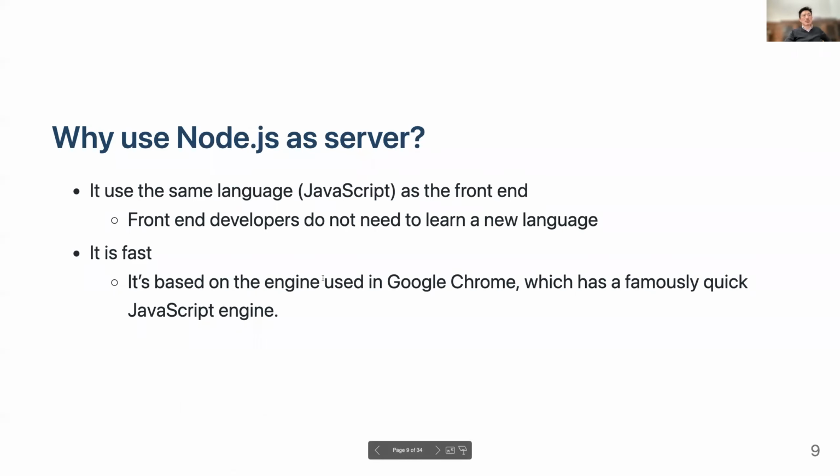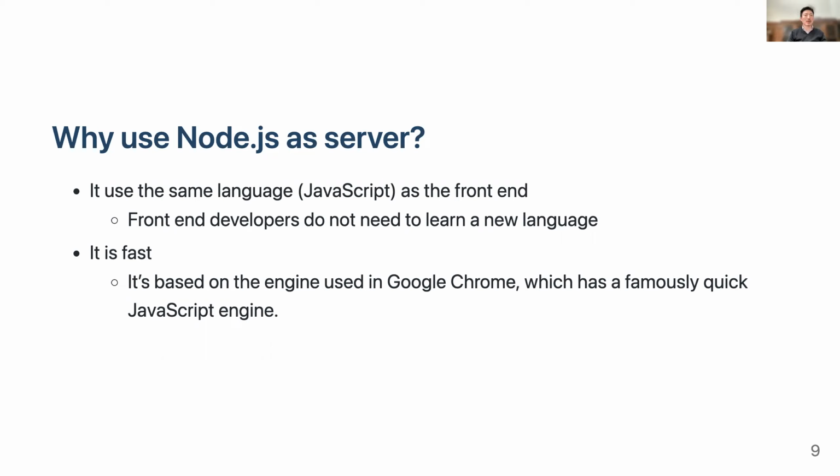Also, it is based on the JavaScript engine used in Google Chrome. Google Chrome is open source, and it has its own JavaScript engine or interpreter, basically the part of Google Chrome that runs the JavaScript code.